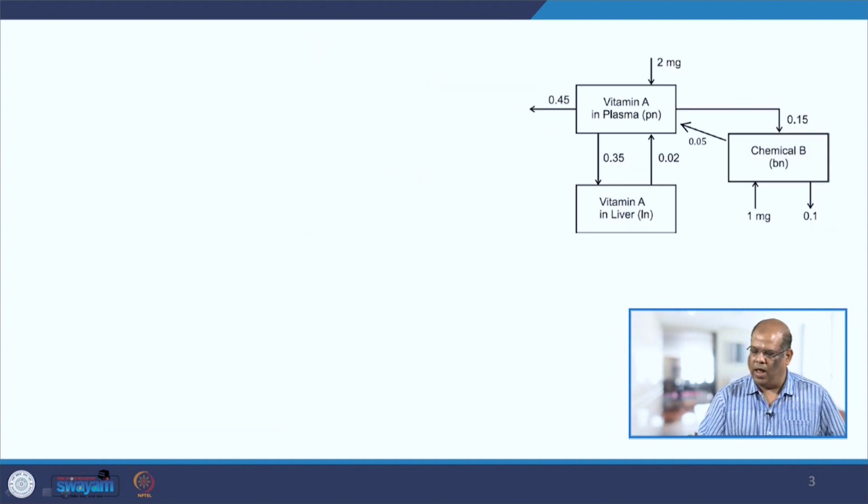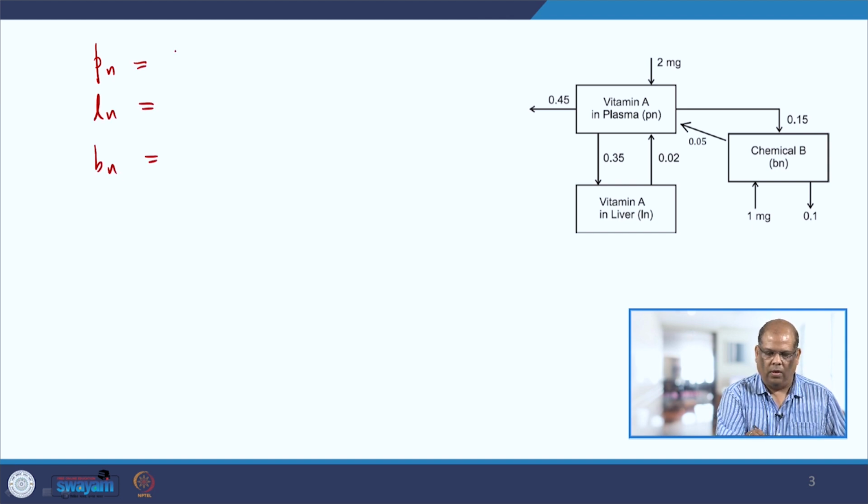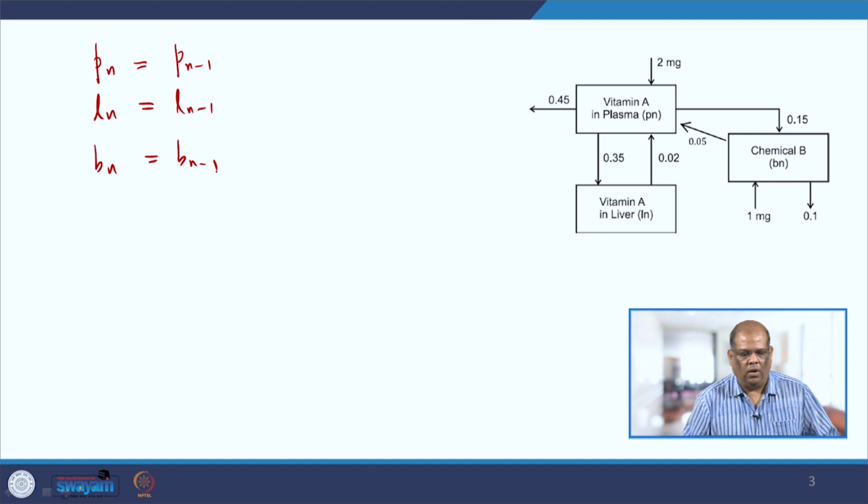I already have the diagram, with Pn, Ln and Bn, and Pn minus 1, Ln minus 1, Bn minus 1. What you have to look at is what is going out and what is coming in.